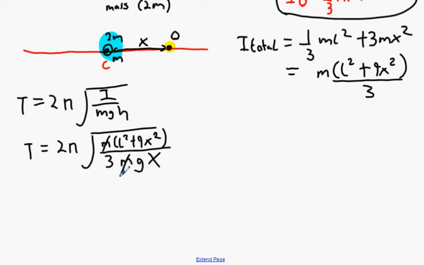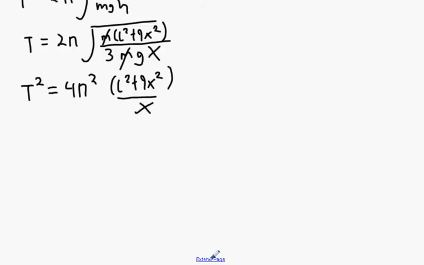They cross off anyway. We're going to square it out. Okay, so we get L squared plus 9x squared over x. Like, the minimum of T squared is the same thing as the minimum of T, over 3gx. Now, I'm going to do that.